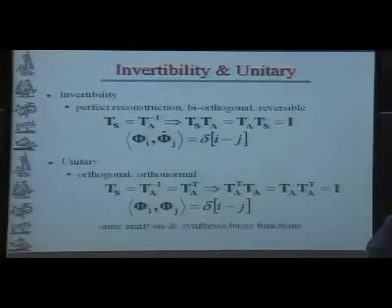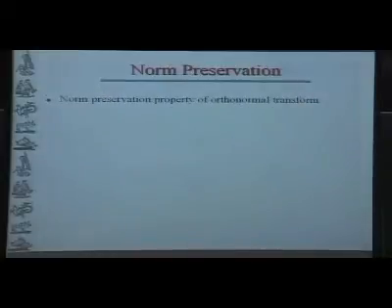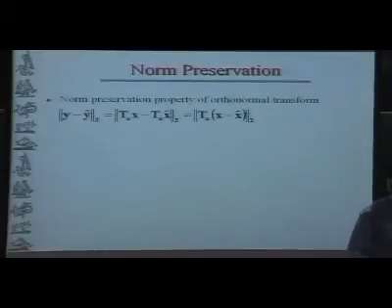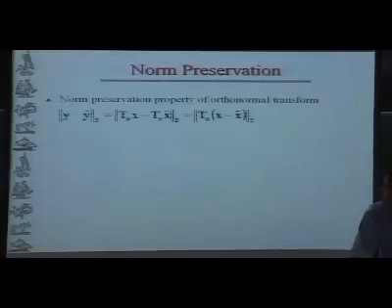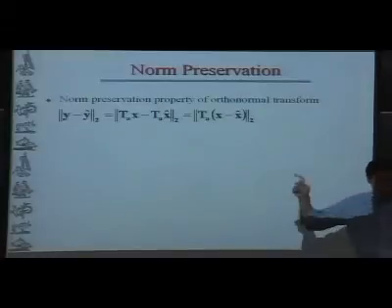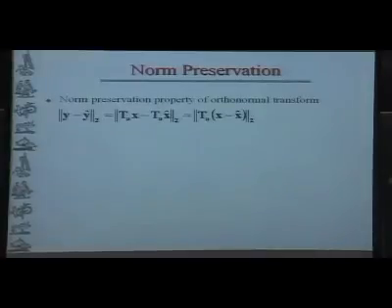So now, one of the most fundamental observations that we have in compression with respect to transforms is called norm preservation. The norm preservation property of an orthonormal transform is the property I put with a question mark on your slides.